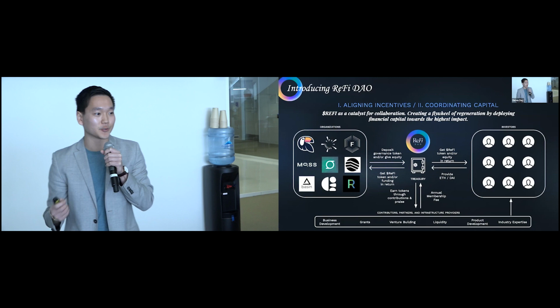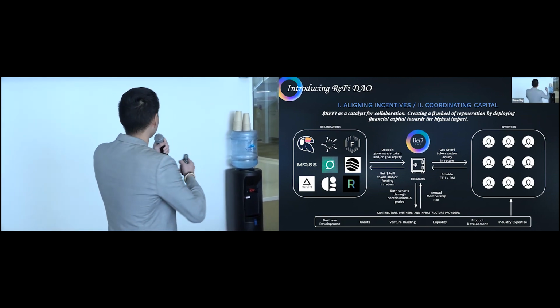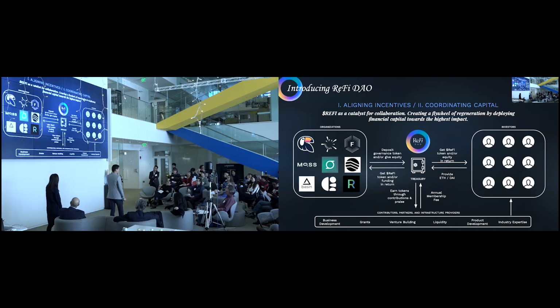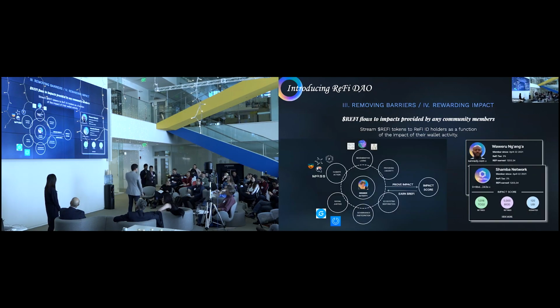That will then be used to attract financial capital, as well as a whole suite of different resources, contributors, partners, infrastructure providers, and more. To remove barriers, we envision an ecosystem where anyone can join this community and make an impact in any way they can, and be rewarded for both their on-chain and off-chain contributions to the Venture Studio.